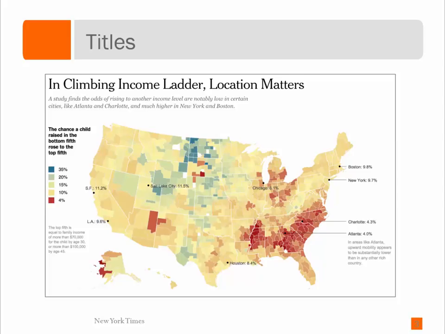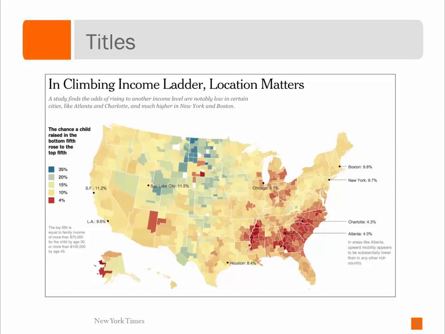Now, moving down from there is the subtitle. Our subtitle here is "A study finds the odds of rising to another income level are notably low in certain cities like Atlanta and Charlotte, and much higher in New York and Boston." What we typically do in the subtitle is position the insights.